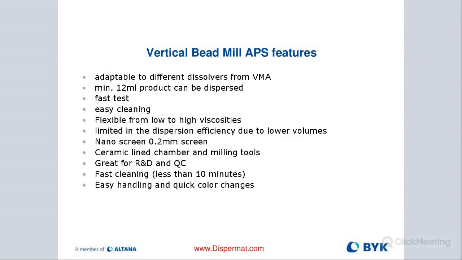You can use a range of viscosities, even very thick viscosities work really well with the APS. We can get a nano screen. We can get ceramic again. It's great for R&D and QC, not so much for production because of the handling. Again, easy cleaning and easy handling for quick color changes, but not production.